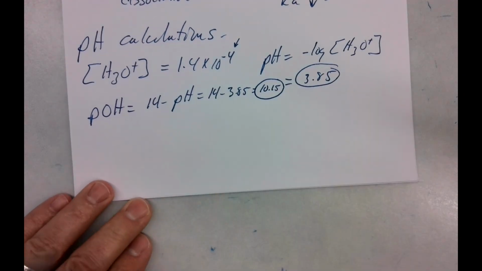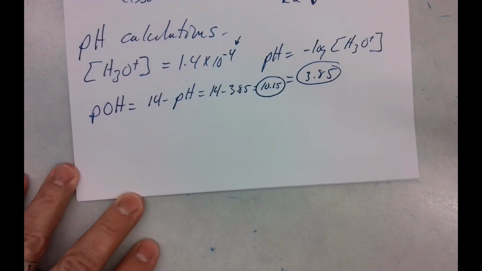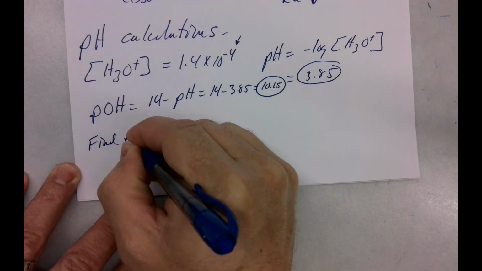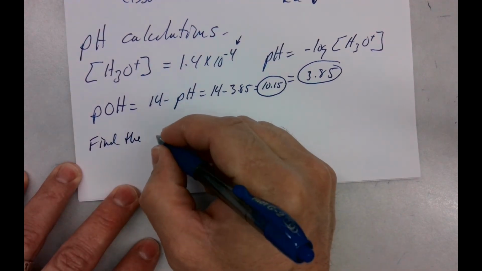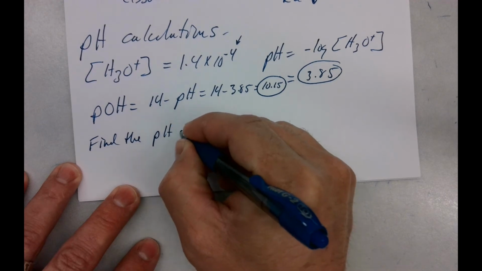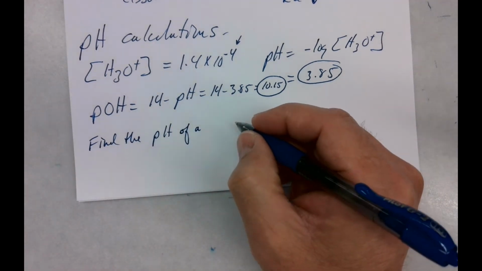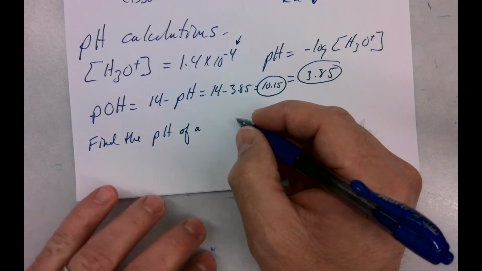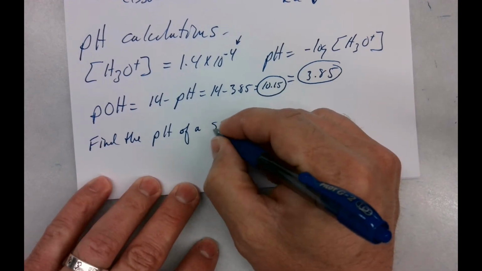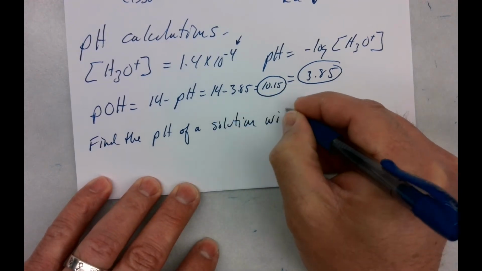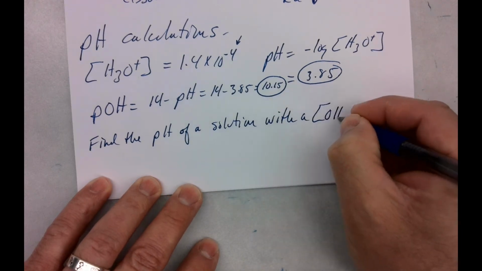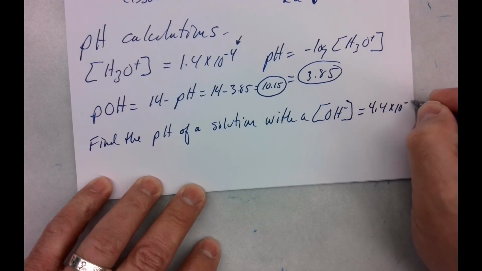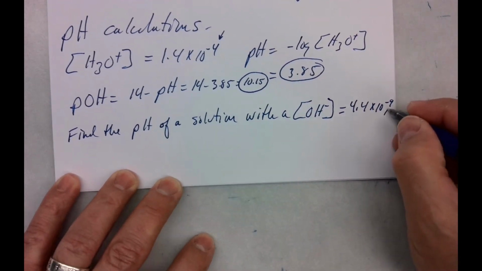Now, if you recall, let's say I said, find the pH of a solution with an OH negative concentration equal to 4.4 times 10 to the negative 9th molar.